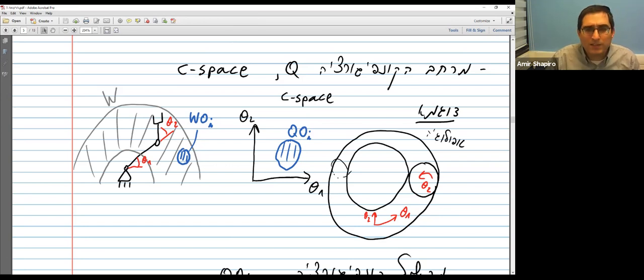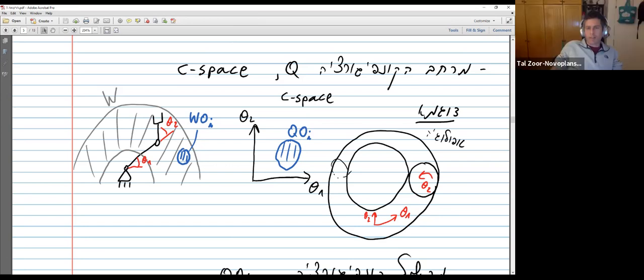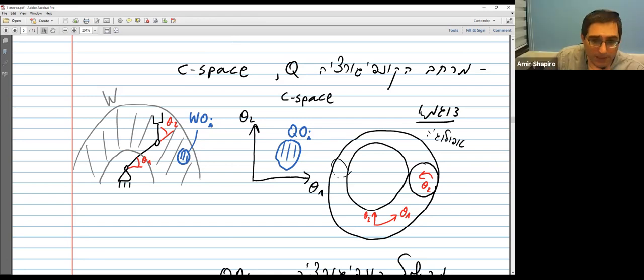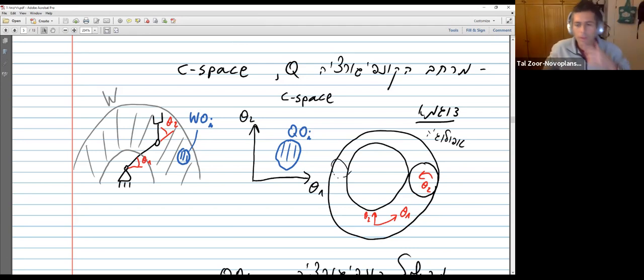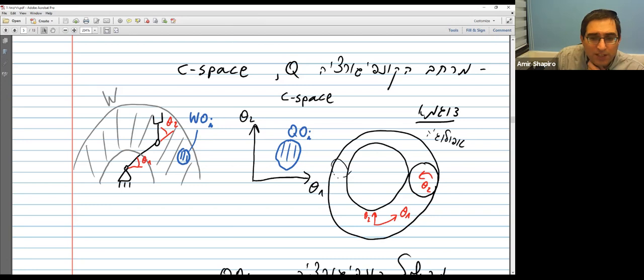Any question on that? Yes, this bagel representation of theta1 and theta2, is it the obstacle space? No, this is the workspace. It's not the obstacle representation. It's just theta1 and theta2.